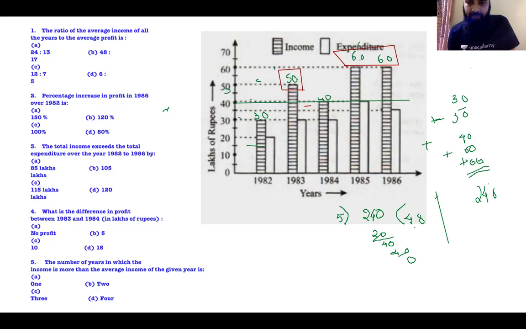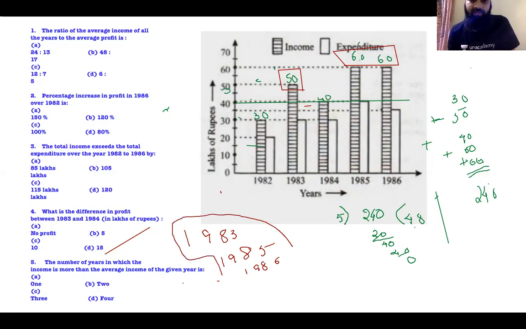Let me write it. 1983, 1985, 1986. So there are 3 cases where you find the income to be more than 40 lakhs.